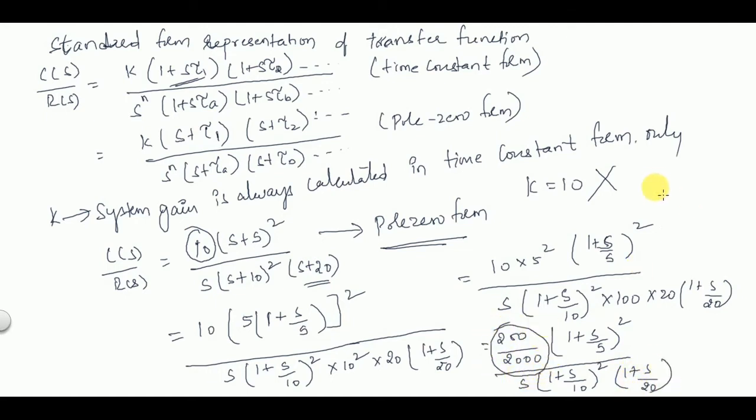Gain is now 250 divided by 2000, so k is equal to 1 by 8. So the gain of this given system is going to be 1 by 8, not 10. You can't tell the gain of the system directly from pole zero form. You have to convert that pole zero form into time constant form first, and then we can tell the gain of the system.